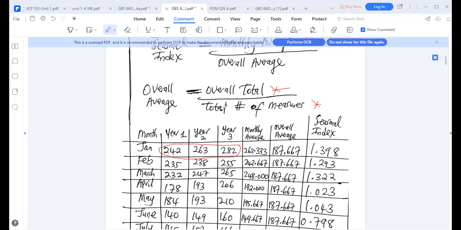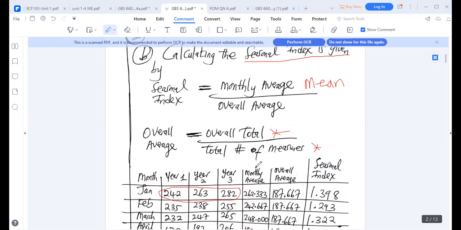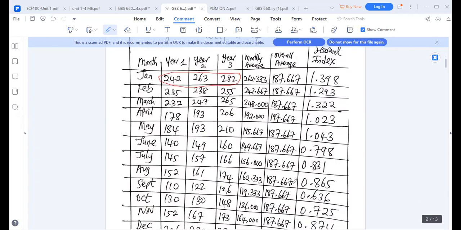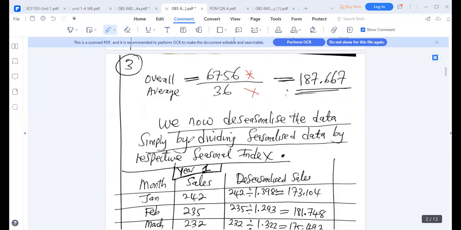Using these formulas, we can move on. After finding the seasonal index, we now deseasonalize the data simply by dividing the seasonalized data by the respective seasonal index.